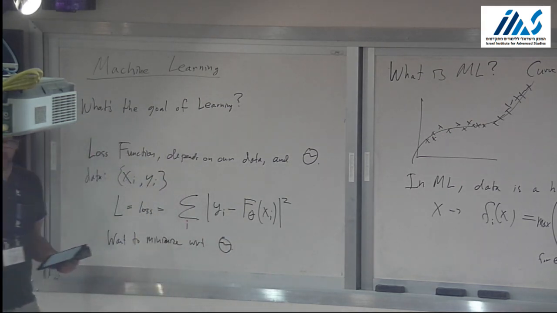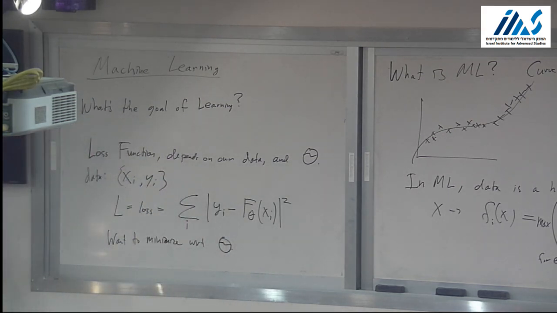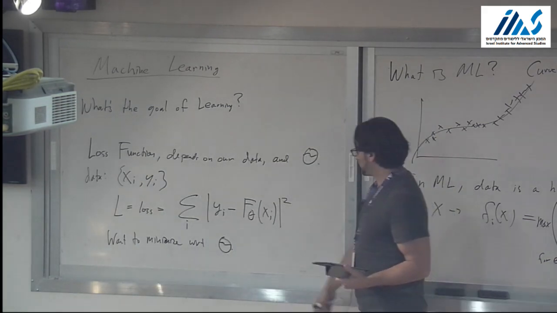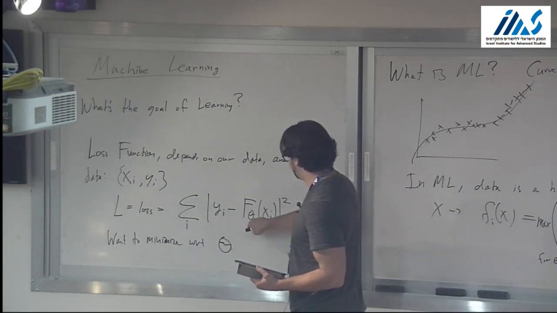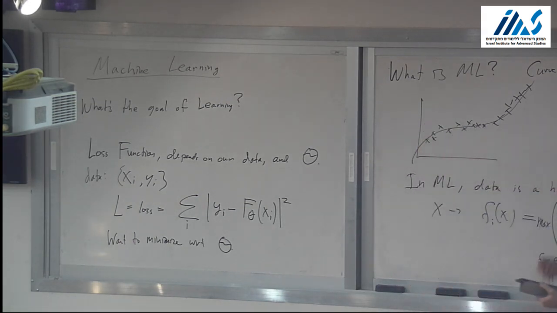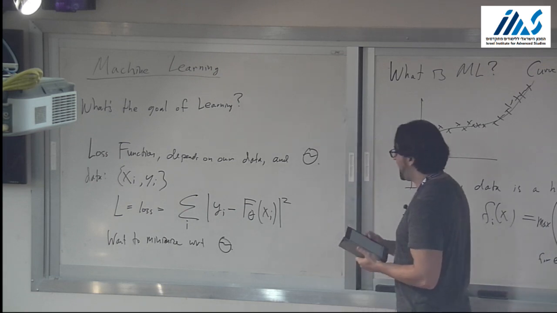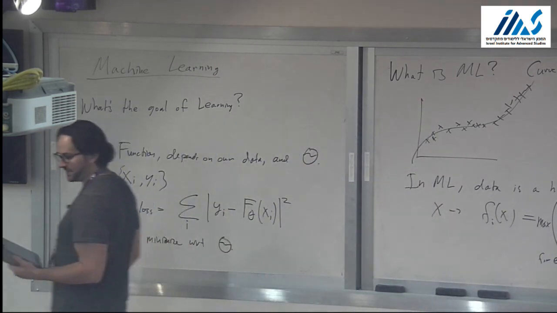So yi and xi are data, they're fixed, they're things that you actually have, they're facts about the world, and you're going to try to minimize this as a function of the neural network parameters theta. So this is the simplest possible example of what a loss function might be, and it just specifies a goal for learning.